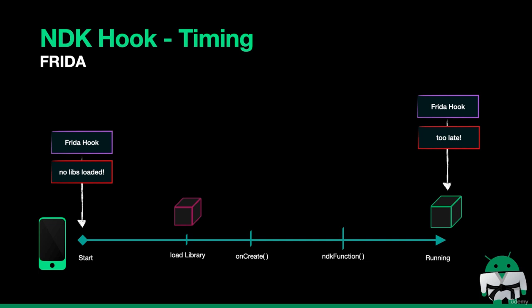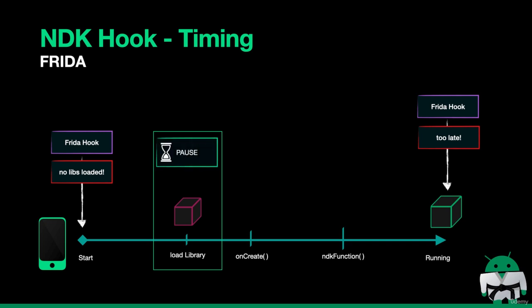What we need to do is the following. We need to attach the debugger at the System.loadLibrary directly in here. So we need to pause this application and then we can step forward. We can single step every instruction in there. We can make one single step so that the library has been loaded, and then we've got access to those functions.